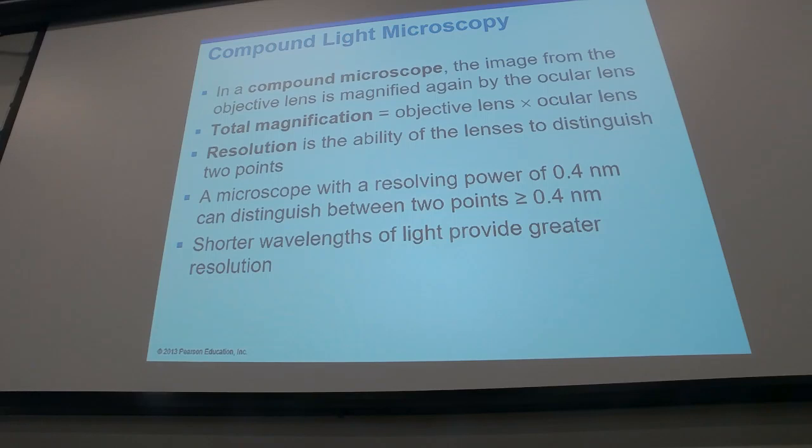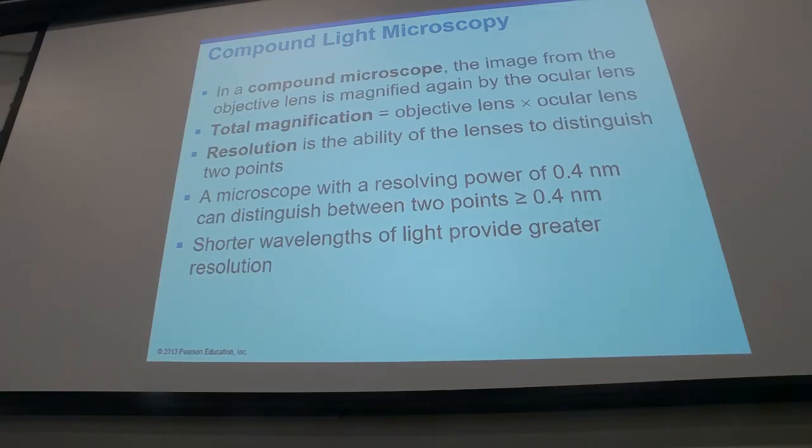In this case, for microscope number 1, your object is going to magnify, but it's going to look blurry. With microscope number 2, in which you have better resolution, the wavelengths are smaller.